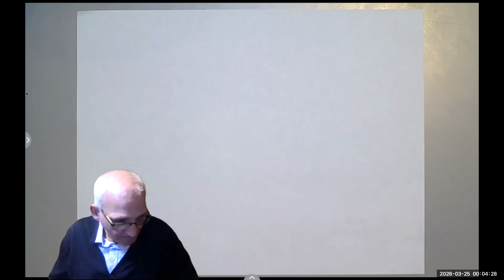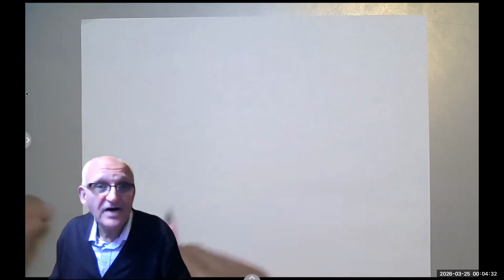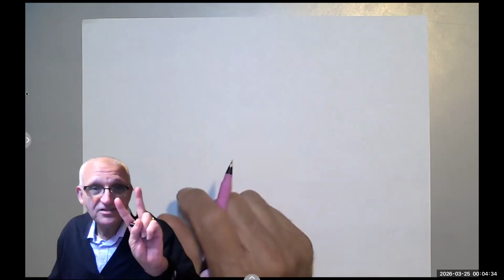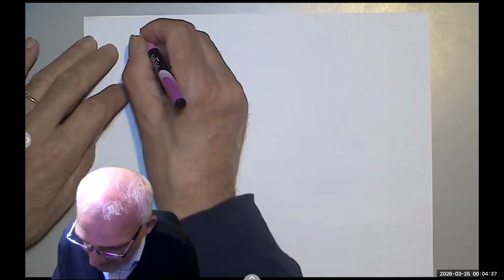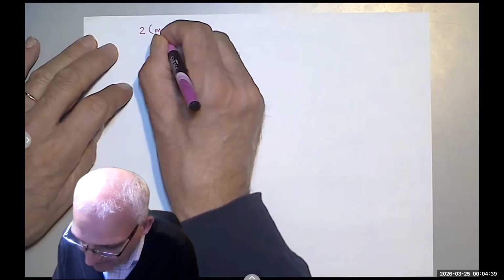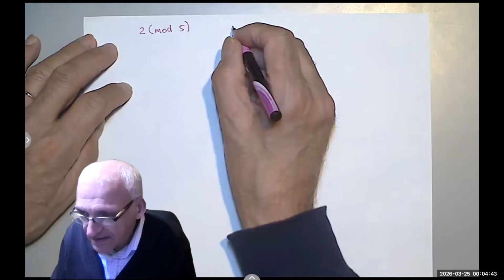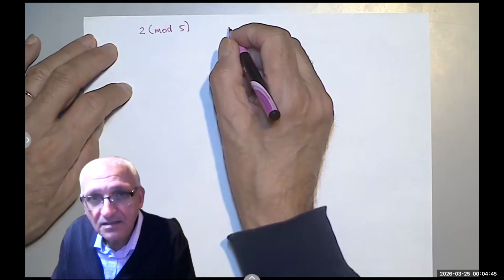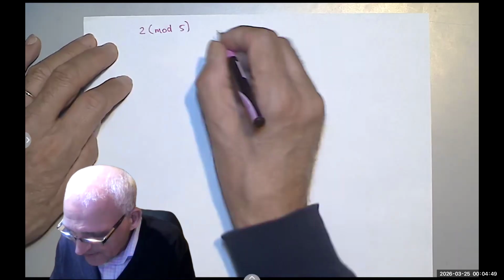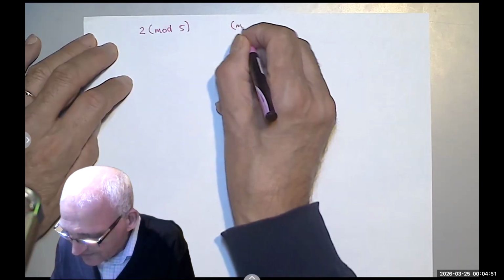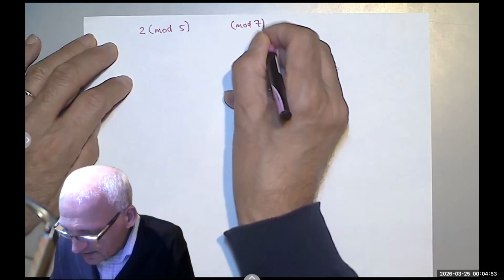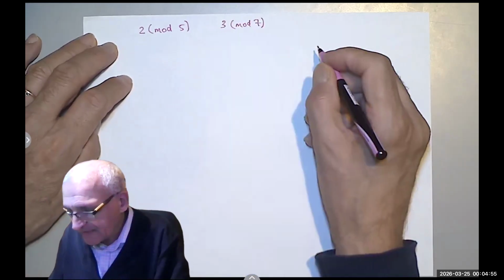So let's say I have a number, and if I divide it by 5, I get a remainder of 2. So I write it as 2 mod 5. And if we divide it by another prime number, 7, for example, let's say I get 3.